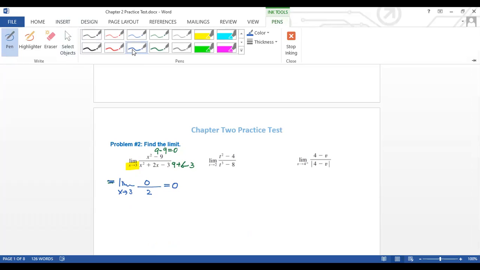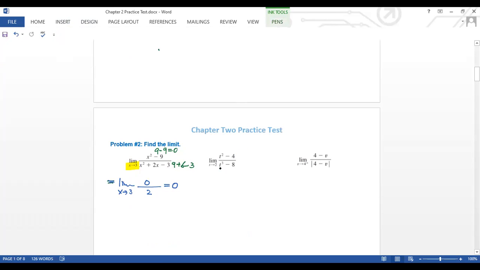The next one here is the limit as t approaches 2. So what is the top here? 2 squared minus 4 will give me 0, right? Then the bottom here, 2 cubed minus 8 will give me 0. So we have 0 over 0.